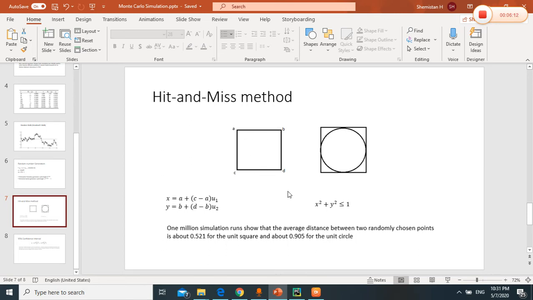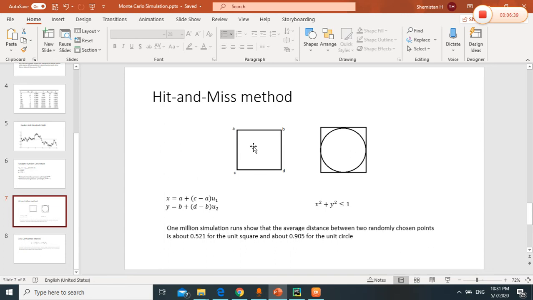After doing the simulation, each time we generate two numbers, x and y. In the circle case, x squared plus y squared is less than 1. We take those points, and then from the simulation, we take the average distance between all of them.